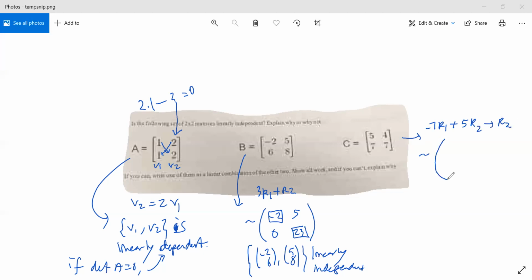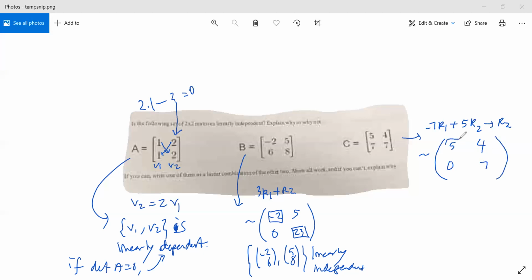Then this is the same, and this will be 0. Now multiply the first one by negative 7, that's negative 28, and add it to 35. So it's 35 minus 28, that's just going to be 7.